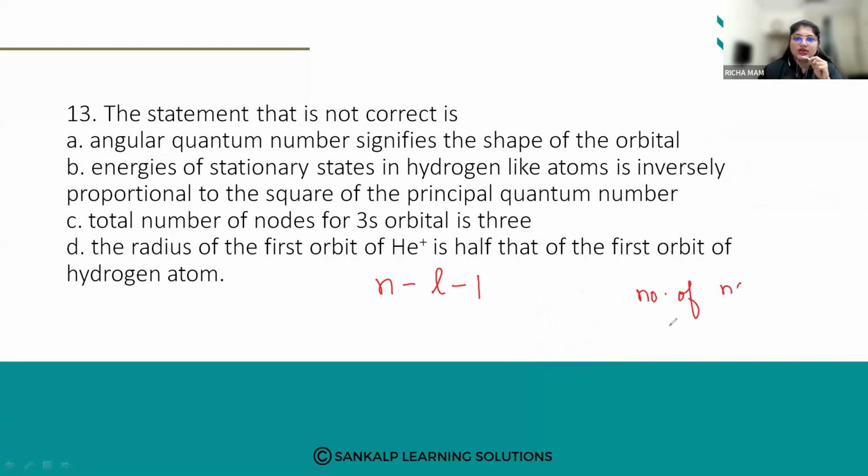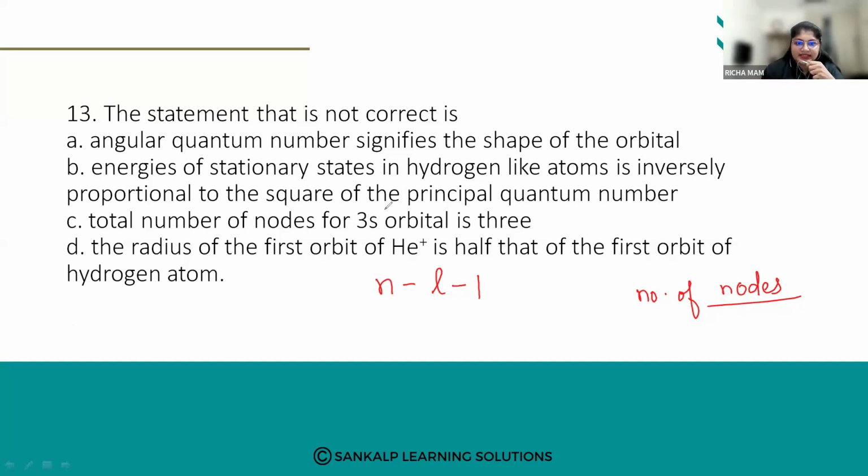Whenever we are calculating the number of nodes, we use the formula n minus L minus 1. We know what n is: n is the principal quantum number. L is the angular or azimuthal quantum number.